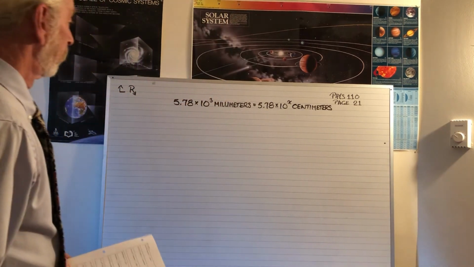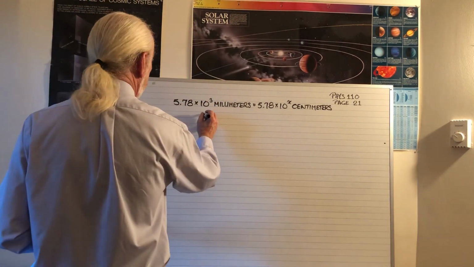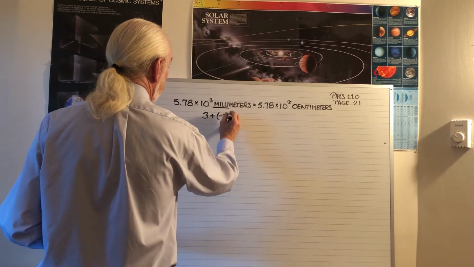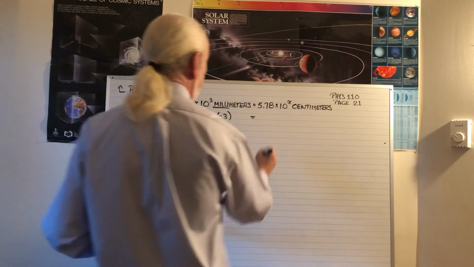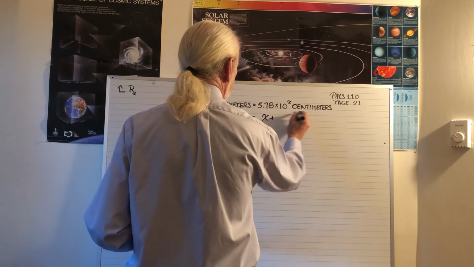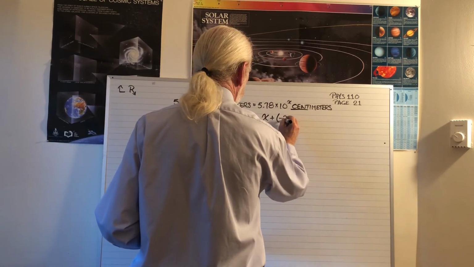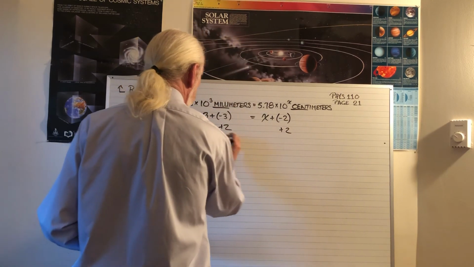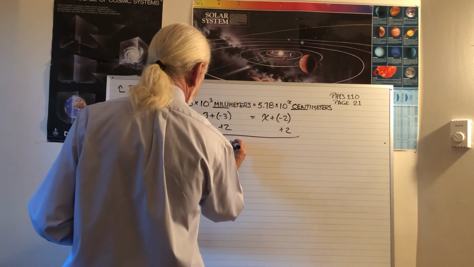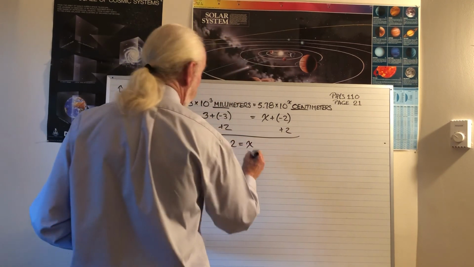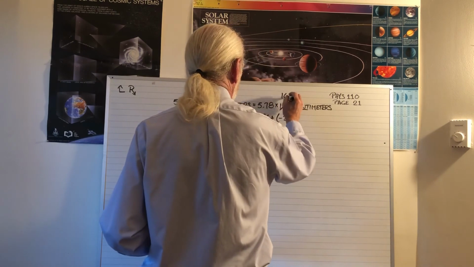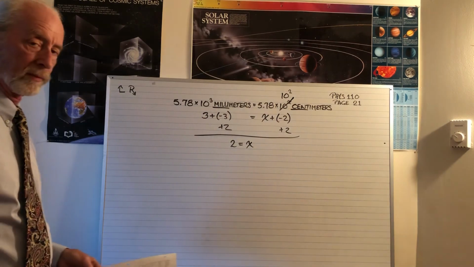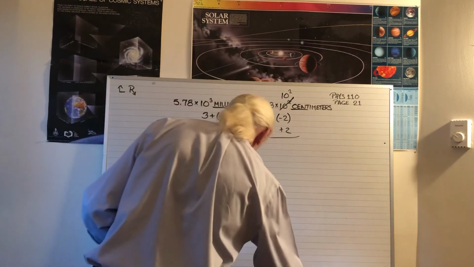Okay. So left to right, we got 3 plus negative 3 equals x plus negative 2, plus 2 on both sides. There it is. Clear as mud.